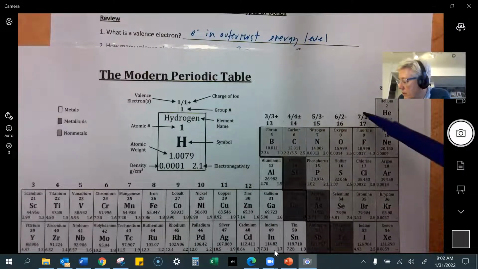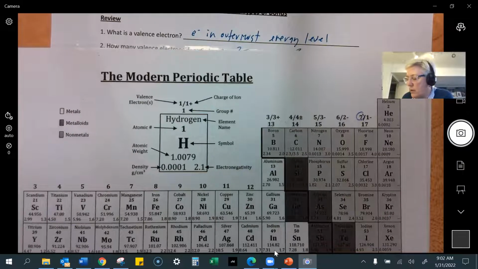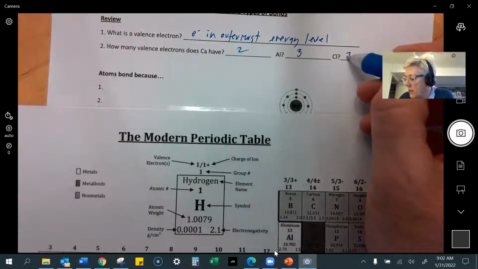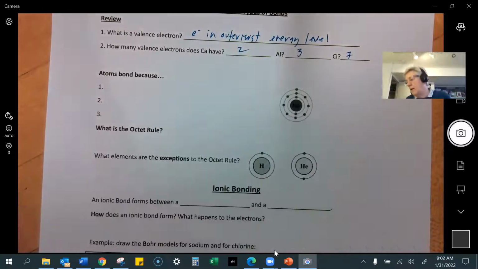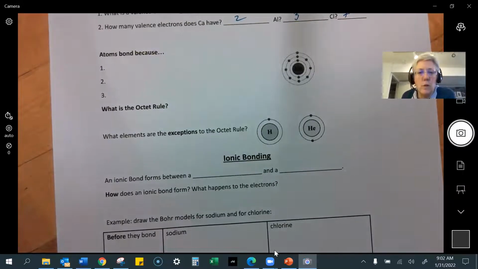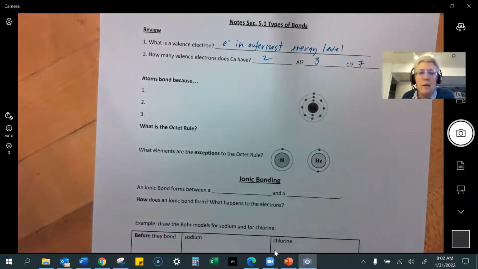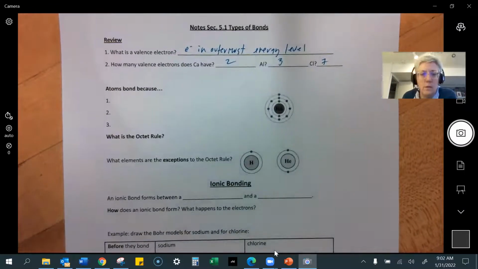All right, so 7 valence electrons for everything in this column, including chlorine. Okay. All right. So now we're going to talk about bonding, because bonding is all about what is going on with these valence electrons. These valence electrons are really the most important electrons of all. They're super awesome.